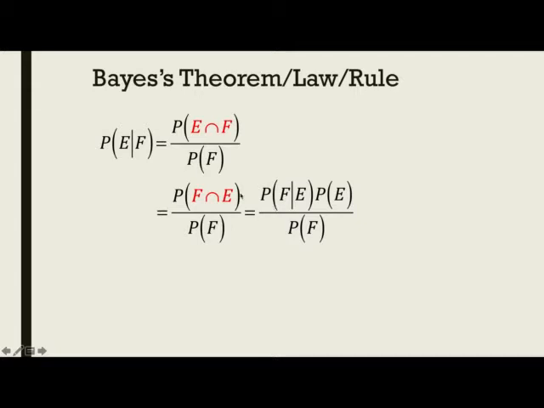Well, we have our general multiplication rule, which we've encountered already on one of our key facts slides. And so we can replace probability of F and E, or F intersect E, with that conditional, right?